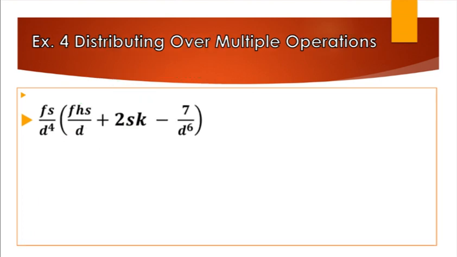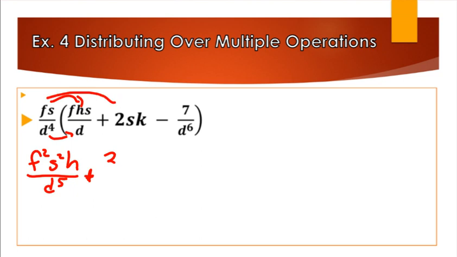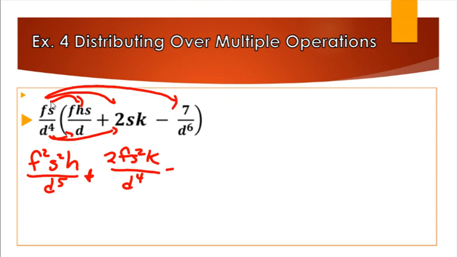And some more work. So we have f squared s squared h over d to the fifth, plus 2fs squared k over d to the fourth, minus 7fs over d to the 10th.